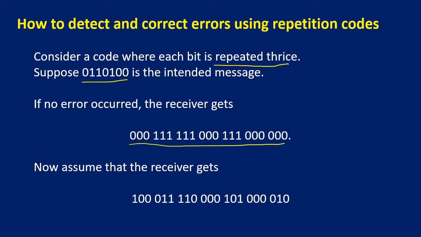Now suppose, of course we know that there's a noisy channel, this is what you received. We want to know what is the original message. Suppose we do not know the original message, right? However, that's the nice thing about repetition codes. We will just look at the majority.